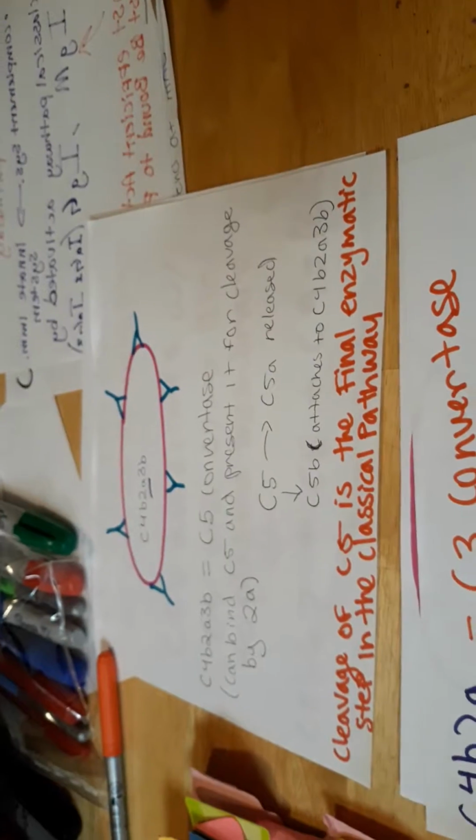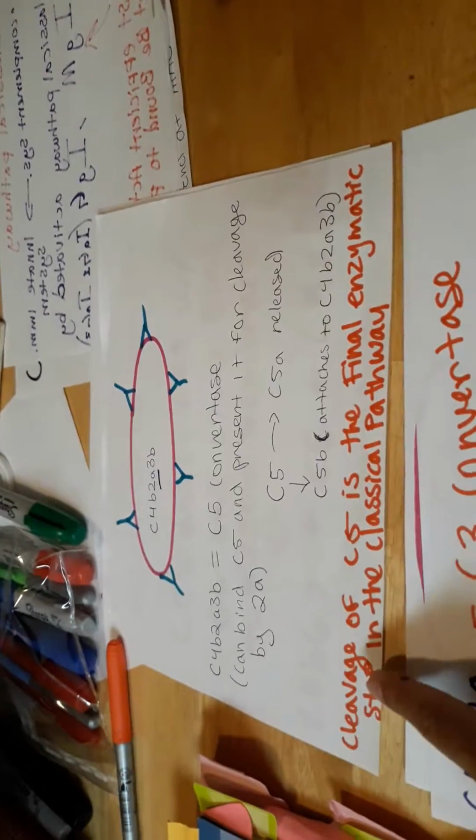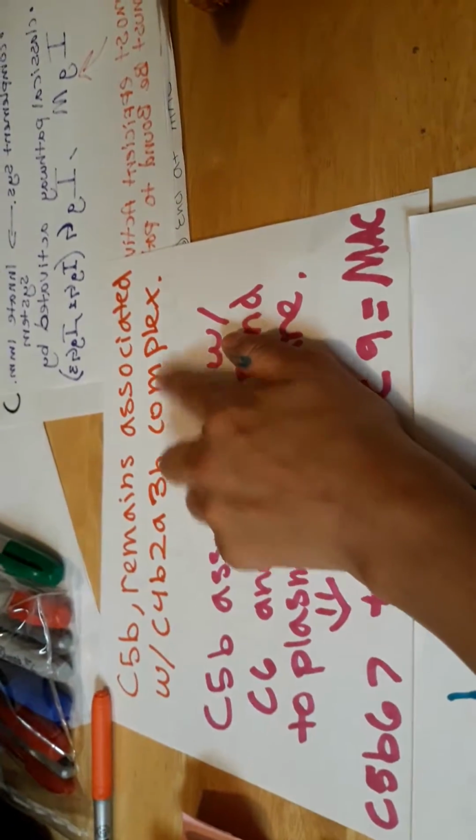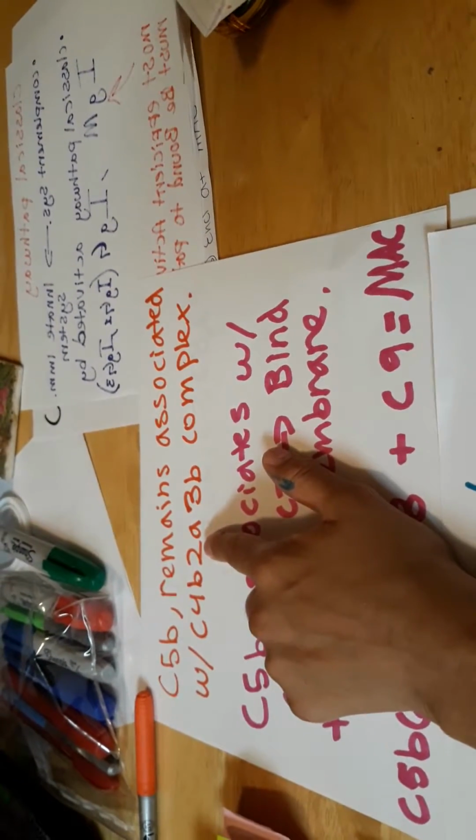So this is the last. Cleavage of C5 is the final enzymatic step in the classical pathway. Yay, because I could not keep track, all right? Okay, good. Okay, what does that mean? So C5b, which is now associated with the complex, hangs onto the surface of the pathogen.